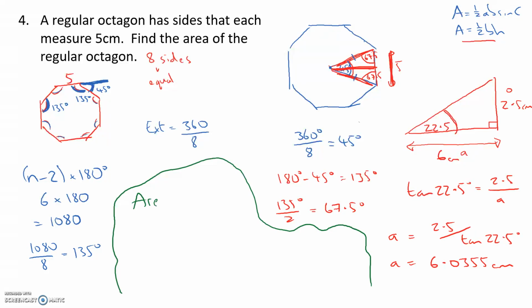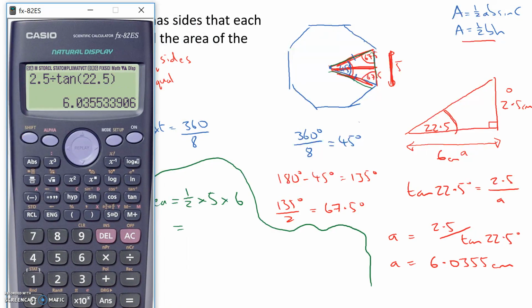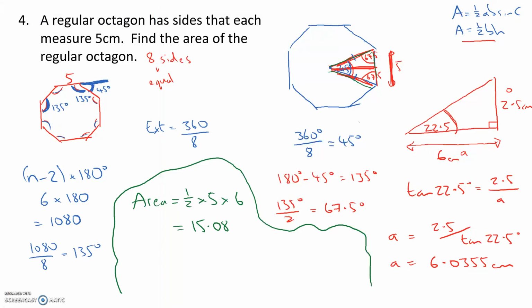We're going to use area equals half base times height, so half times the base, which is 5, times the 6-ish, it's actually 6.0355, to give us the area of that entire triangle, which is our unrounded answer multiplied by half multiplied by 5. So the area for that triangle is 15.0888 square centimetres. And how can we work out the area of the entire octagon?